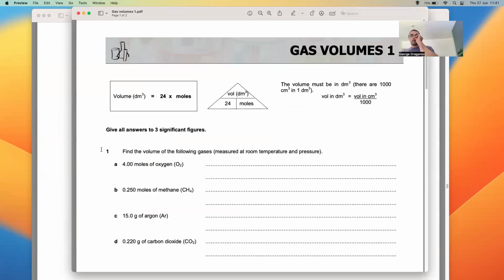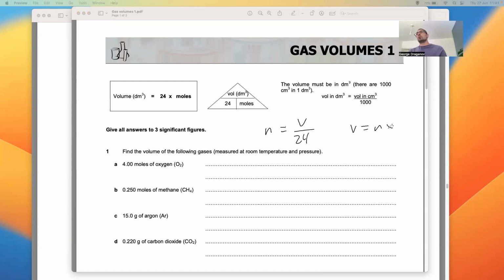So number 1, I'm going to do A. Find the volume at room temperature and pressure. That's the clue for using this formula. So I'm going to just write the formula. Moles equals V over 24, and V equals moles times 24. So I know what I'm doing.